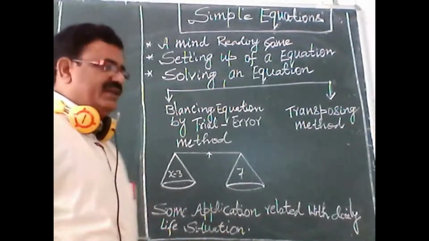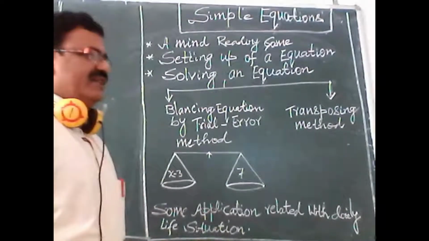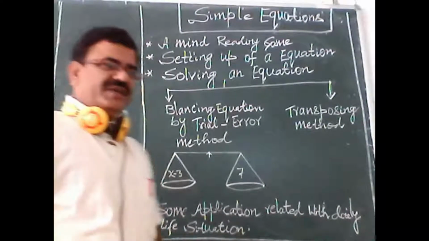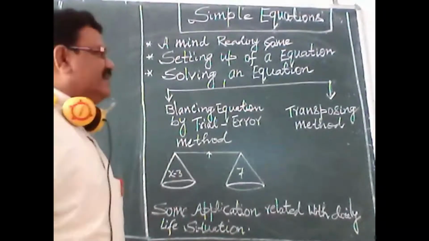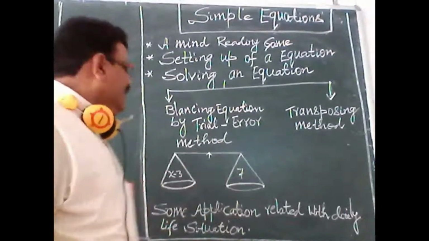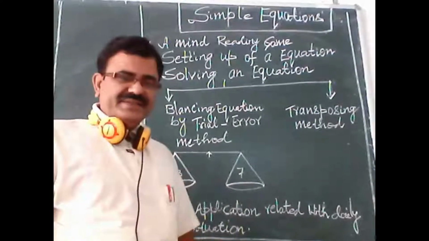That is, an equation is a specific expression which has an equality sign, or condition of equality, on both sides. It contains two sides: one is the left hand side and the other is the right hand side.